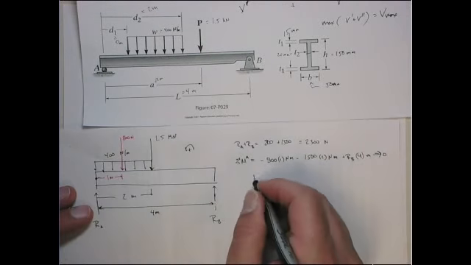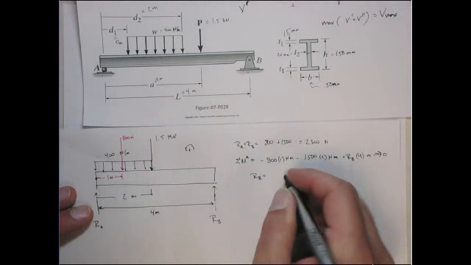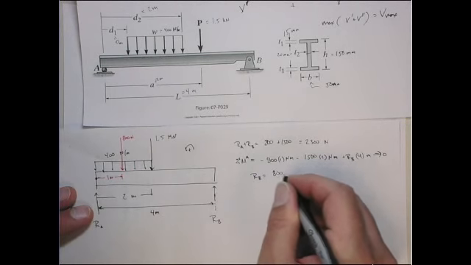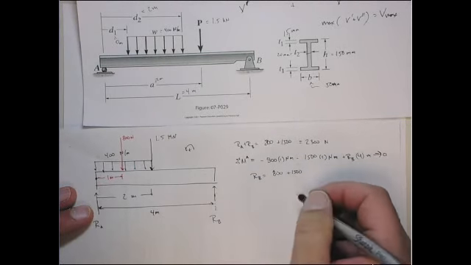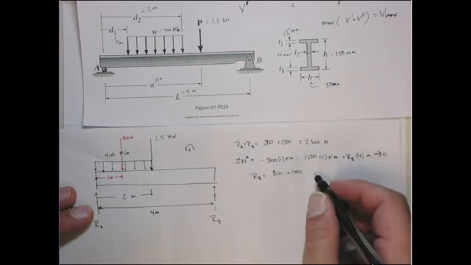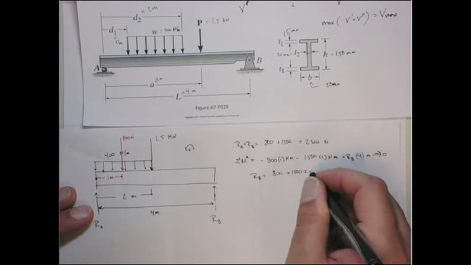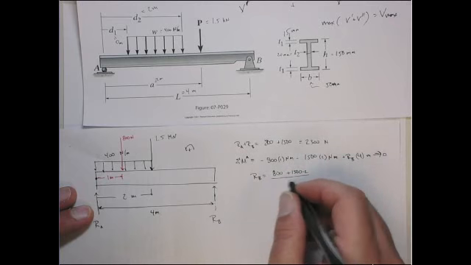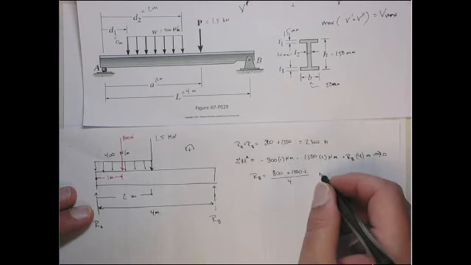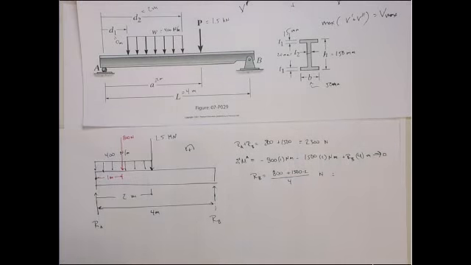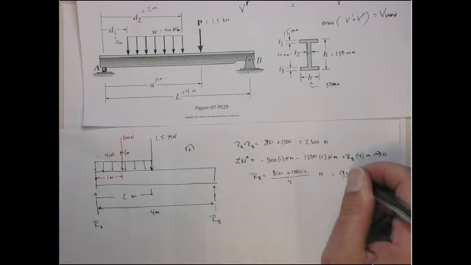So from that, RB is equal to, oops, sorry, 1,500 times 2 divided by 4, which gives a result in newtons. 3,000 divided by 4 gives me 950 newtons.